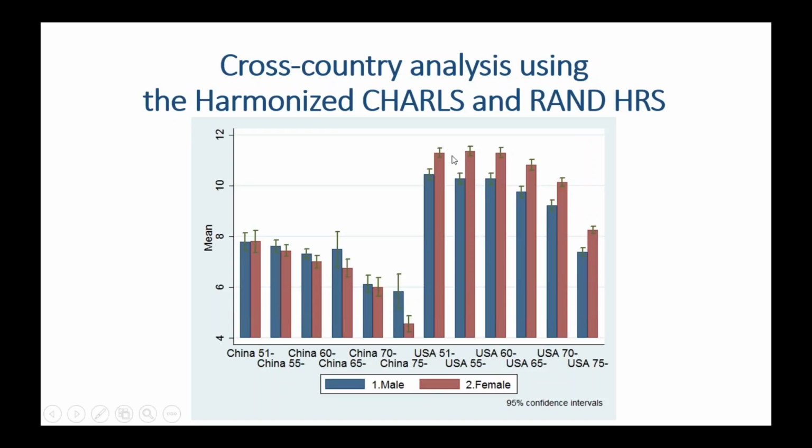And then you can actually see this is throughout all age groups in the U.S. You can see that females are statistically significantly higher in this cognitive summary score. One of the other things that's kind of interesting here is in the U.S. you really don't see any decline overall for our age groups here.